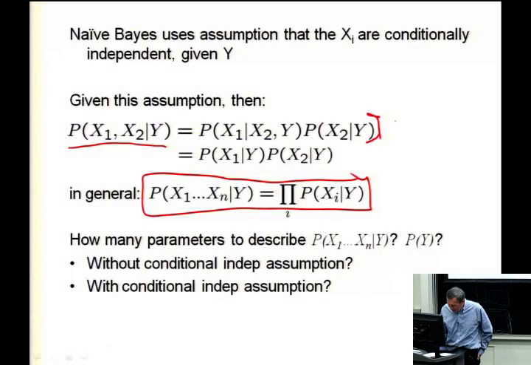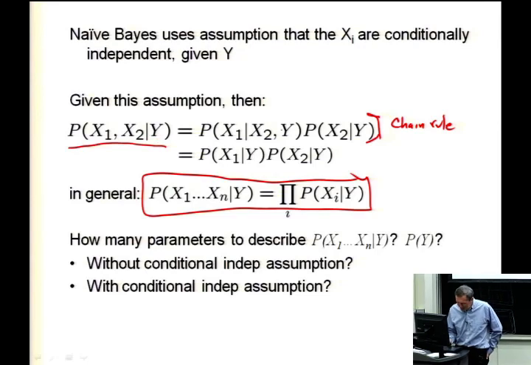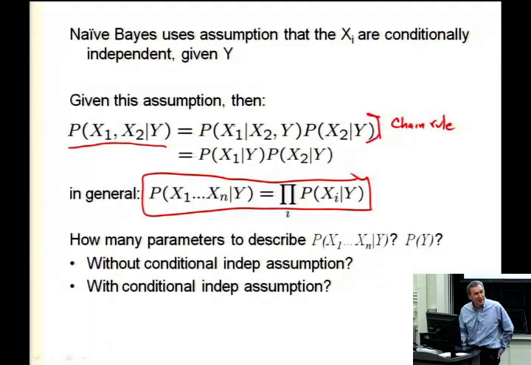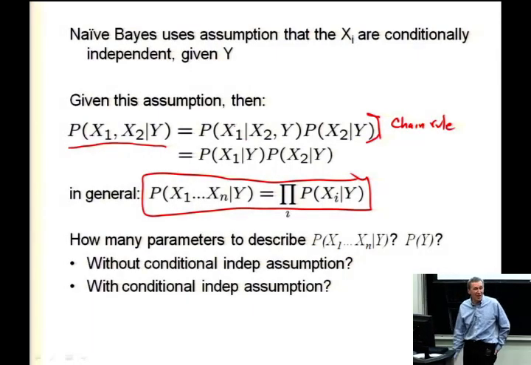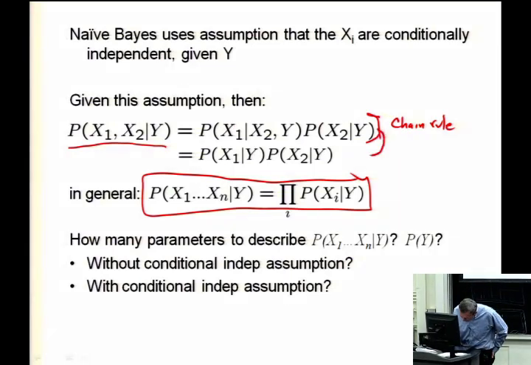That's just the chain rule that we talked about last time. That's just a general property of probabilities: anytime we have the probability of some conjunction conditioned on something, we can break it down using the chain rule in this form. It has nothing to do with assumptions. It just follows from the axioms of probability. But then to go from here to here, that's where we're making the conditional independence assumption.